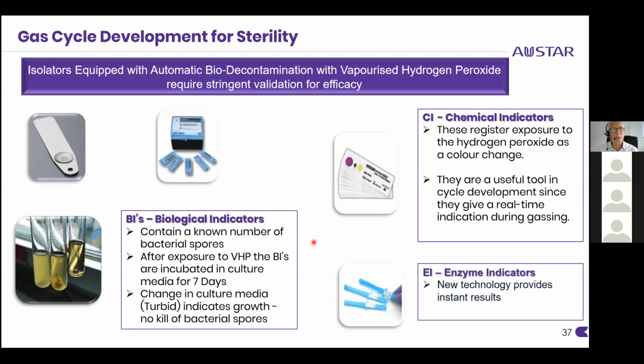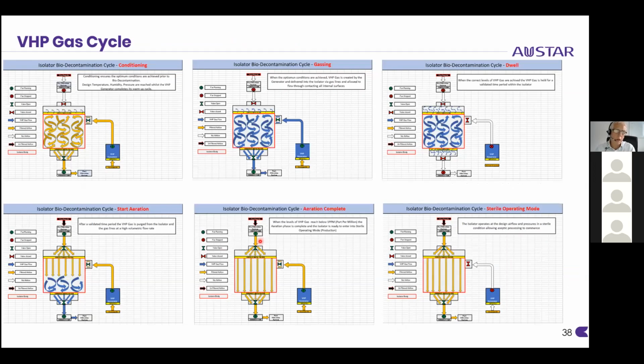So what is gas cycle development? We want to introduce VHP into an isolator. So we have to create the correct conditions for VHP to work inside there. So we have to create the correct temperature and humidity inside there. This is explained in the cycle.